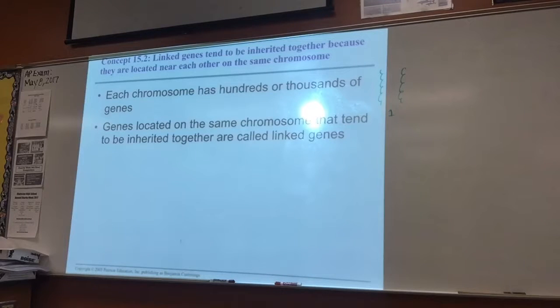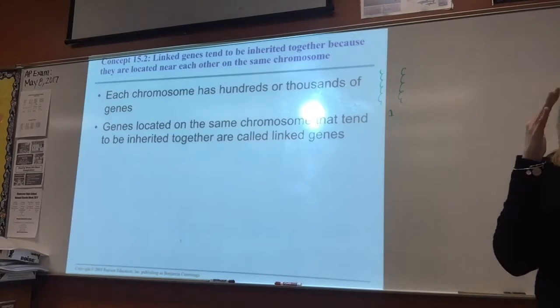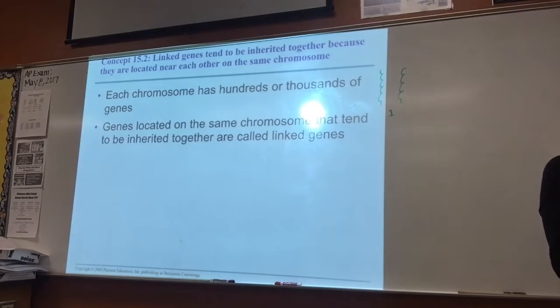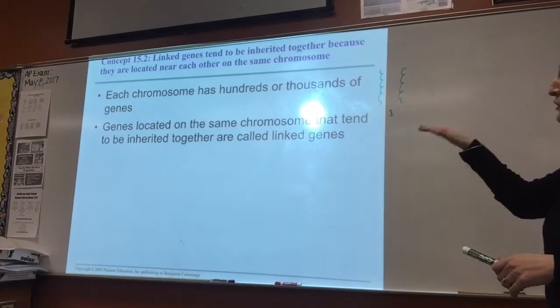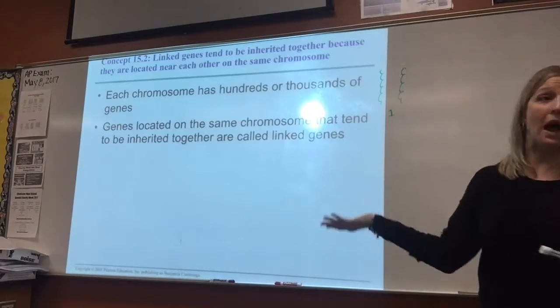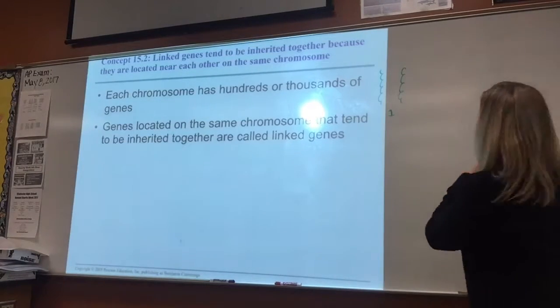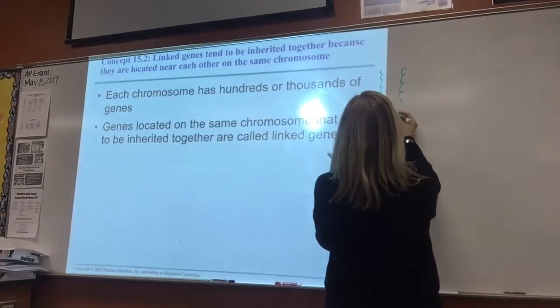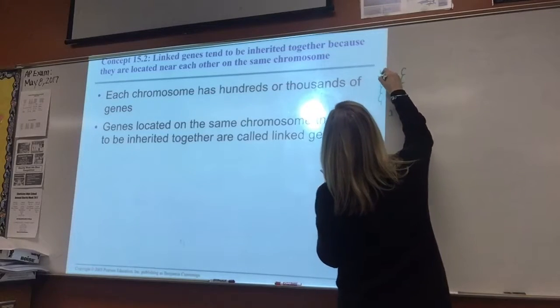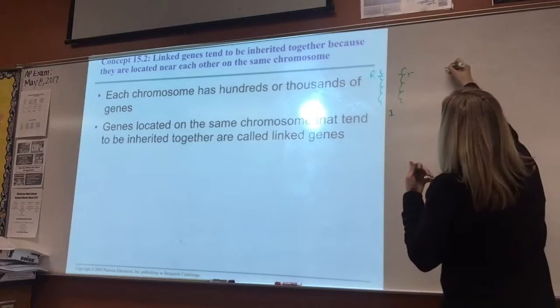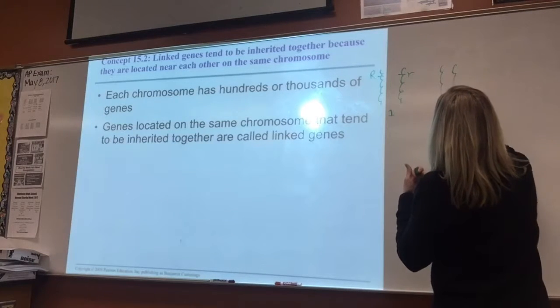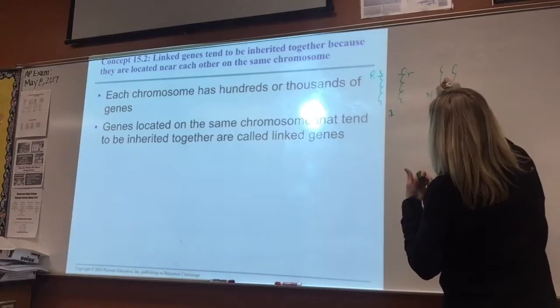What we have been talking about so far, we've done dihybrid crosses. When we did a dihybrid cross, we were assuming that the traits were unlinked. What does that mean, unlinked? Well, if they're linked, they're on the same chromosome. So unlinked, they're not on the same chromosome. When we did dihybrid problems, for instance, here's chromosome pair number 1, with big R, little r here, and let's say for another trait, this is chromosome pair number 2, they're big N, little n.